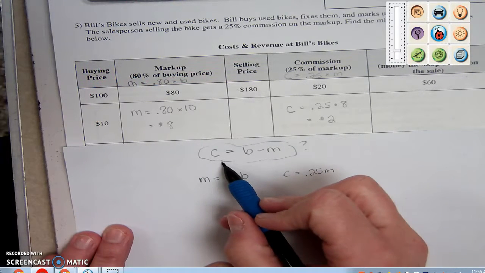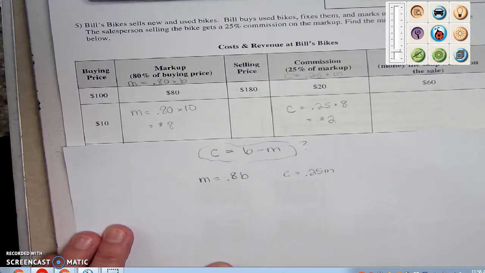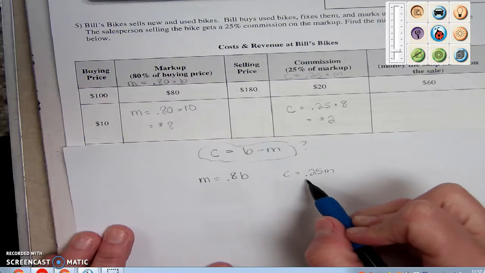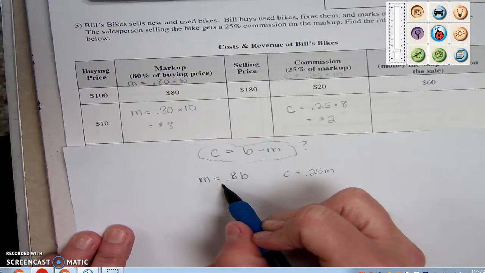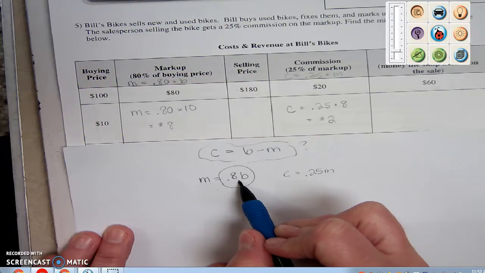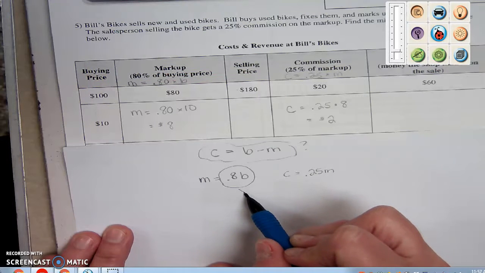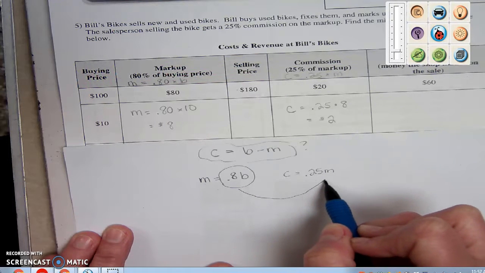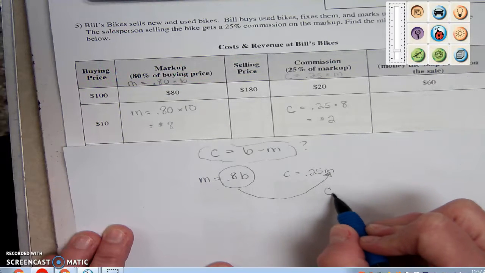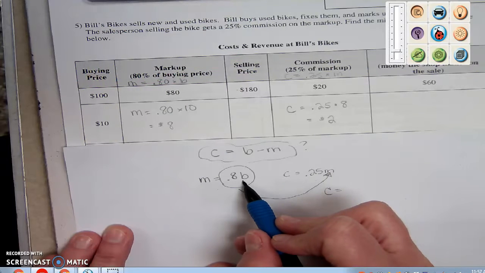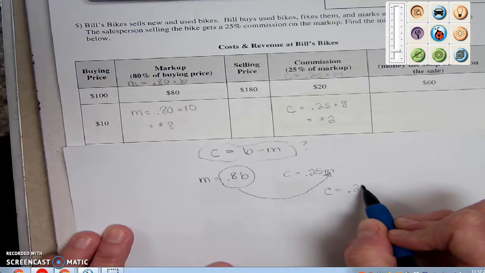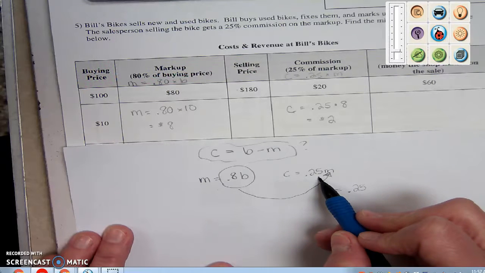So if I go off of what I know here, I know the markup is 80% of the buying price, and I'm going to exchange that 0.8 for this M, so that I have a way to find the commission. If I only knew the buying price, I could still find the commission by multiplying 25% times the markup.